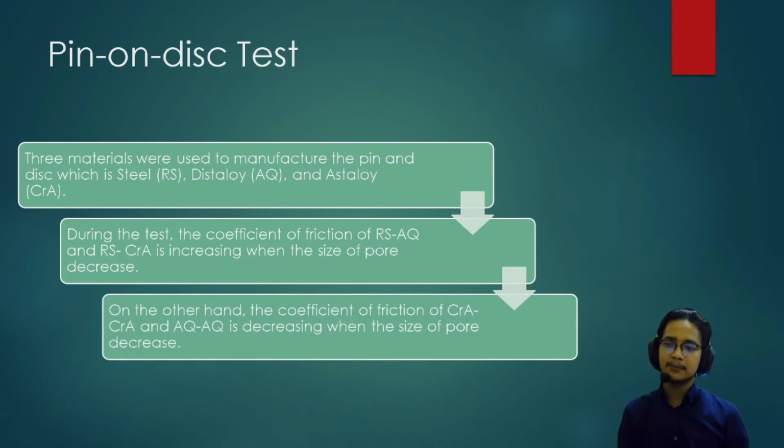On the other hand, the coefficient of friction of CRA and AQ decreases when the size of pore decreases, which means when the pin and disc have the same material, the coefficient of friction will decrease when the size of pore decreases.